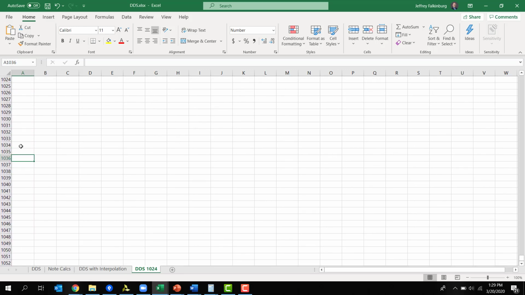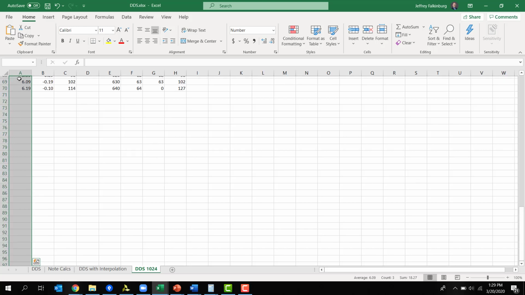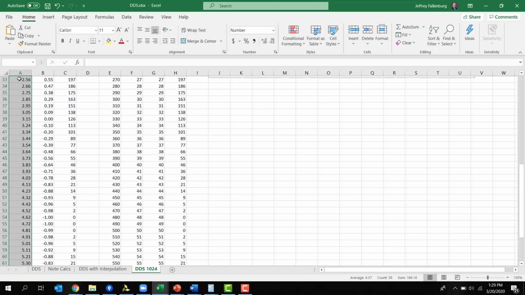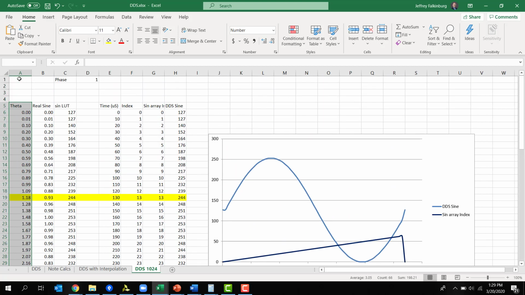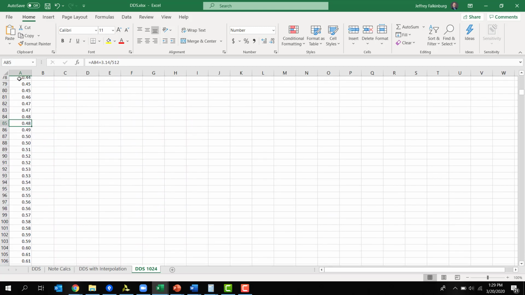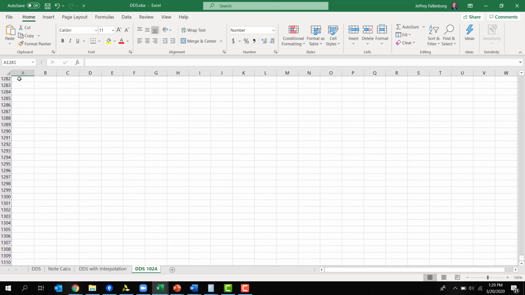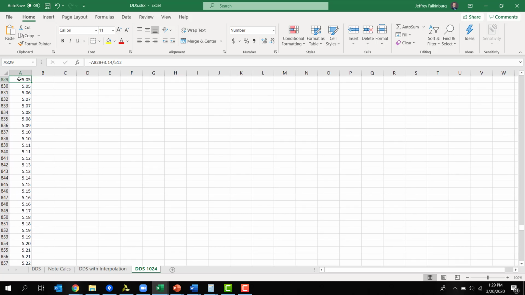Gotta use the shift key. Shift, go up. Shift and control. Get those values. And then I'm gonna fill it down. Notice it fills those values in to go the whole distance to 2 pi.